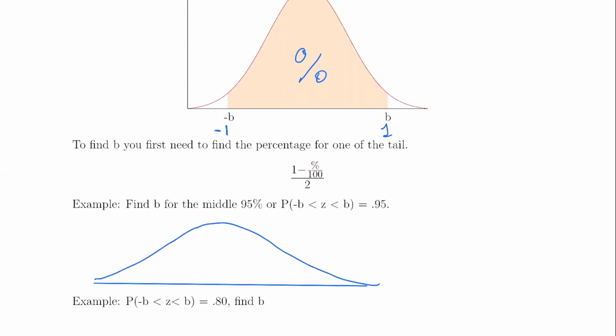So we're going to put two brackets, and in between those two brackets, we're going to have 95%. Well, actually, let's do this in decimal. So we have 95% in between here to here.